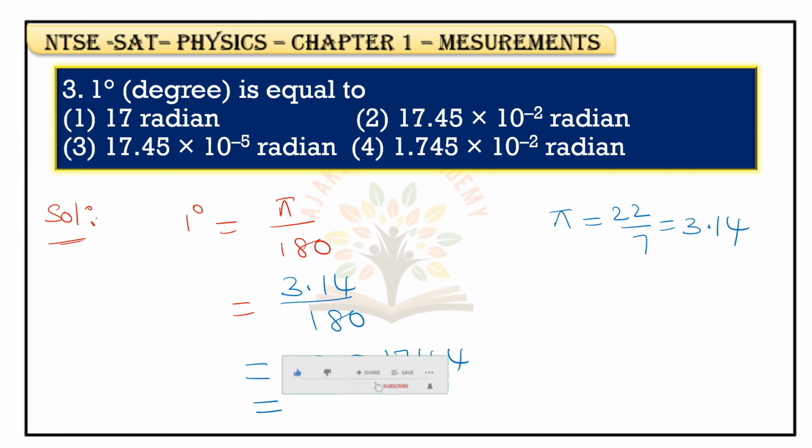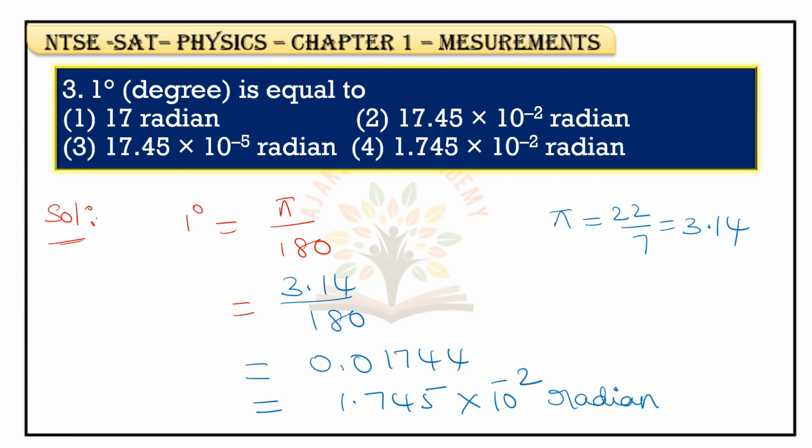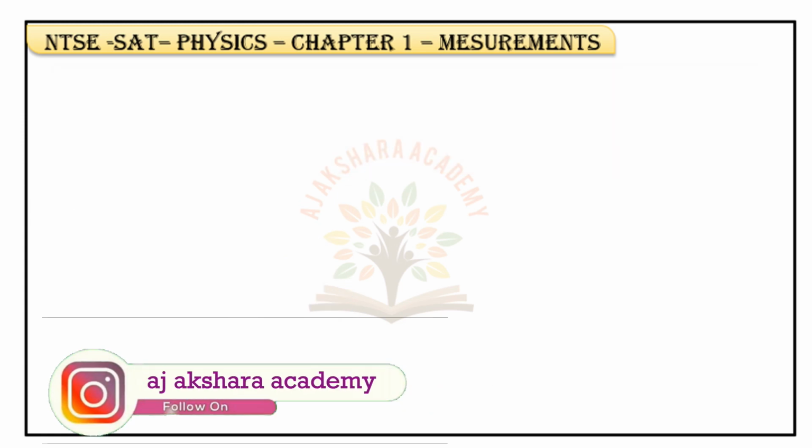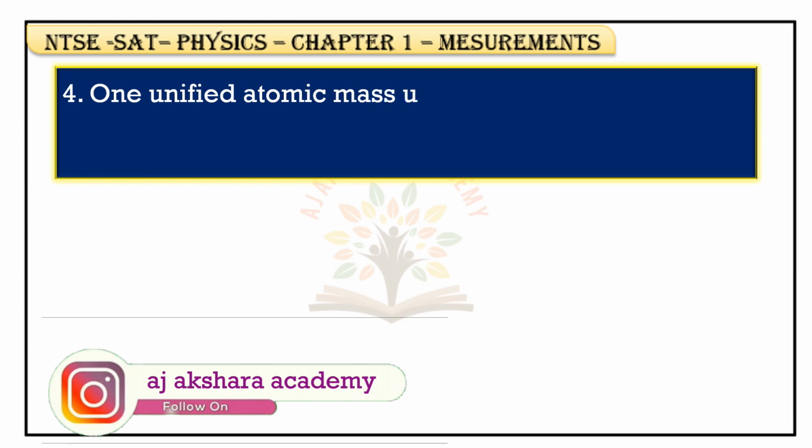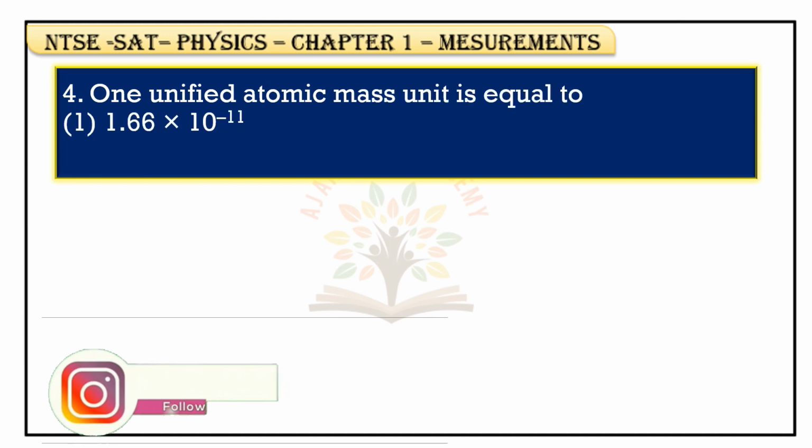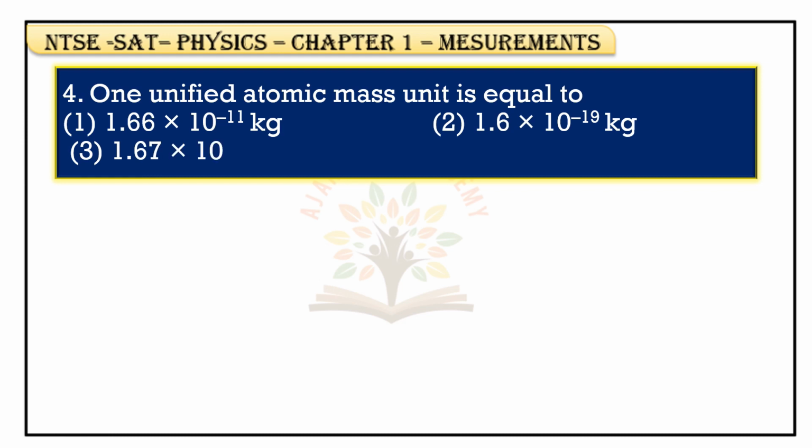So this we can write as 1.745 into 10 to the power of minus 2 radian. So 1 degree is equals to 1.745 into 10 to the power of minus 2 radian. Fourth option is correct.